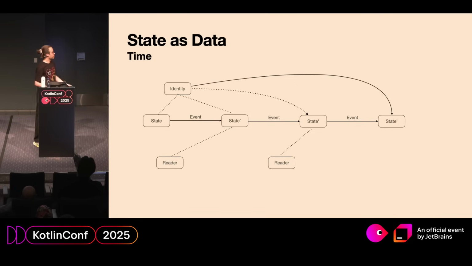It is important that these readers on a diagram do not interfere with the process of creating the next state, and the process itself is not stopped when readers come in. So that's very similar to the perception in the real world.